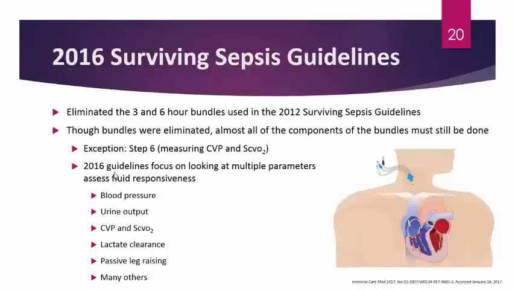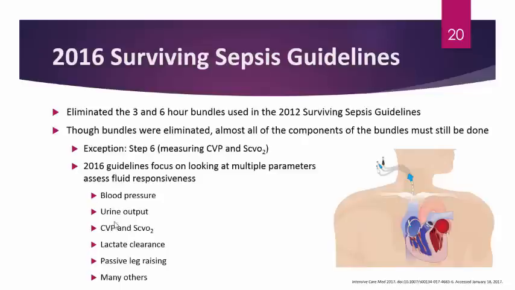What the 2016 guidelines actually focused on is looking at multiple parameters to assess patients' fluid responsiveness. So CVP and SCVO2 were a couple things you could potentially look at to assess volume status and oxygen supply and oxygen demand, which fluids can potentially help with. But some other things you want to look at too are blood pressure, making sure that your patient is becoming more normotensive.